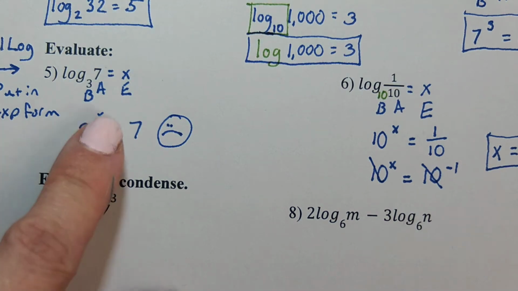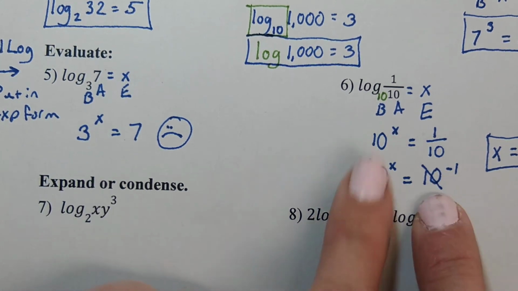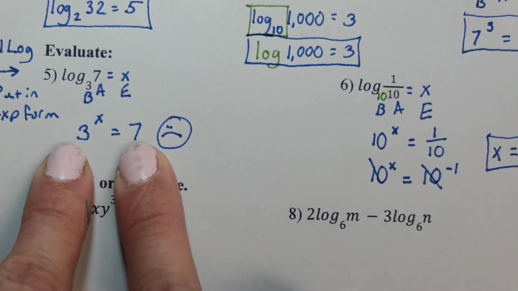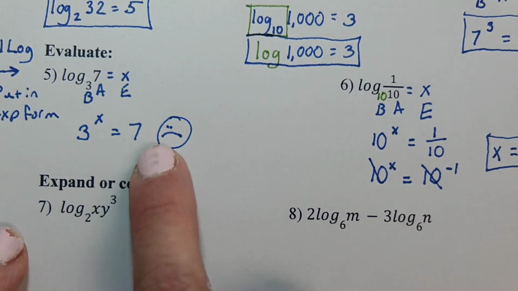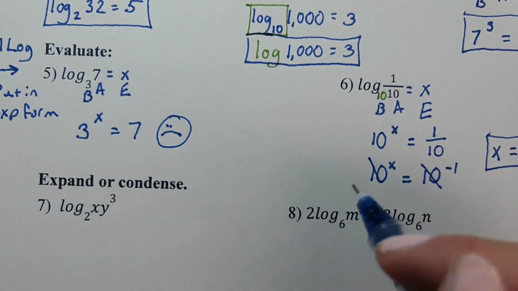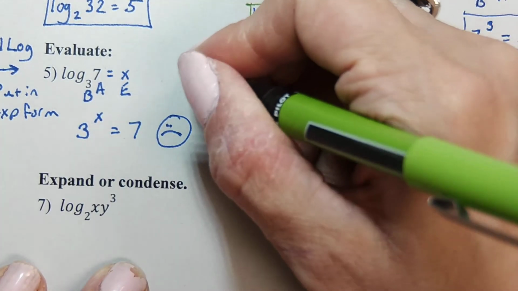So is there something friendly I can put in for x to make that true? Or like we did over here, is there a way to write 7 as base 3? Short answer, no. Long answer, no, we can't do that. So how do we solve a problem like this? We are going to use the change of base formula.